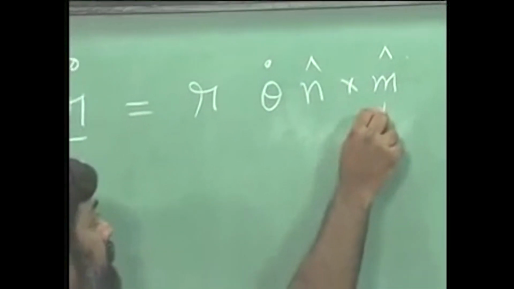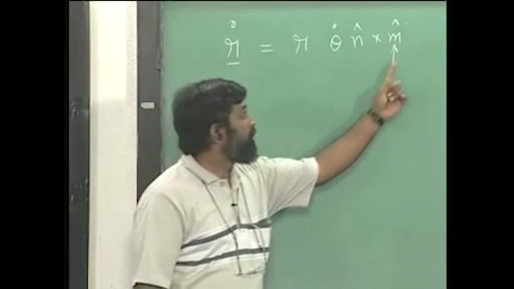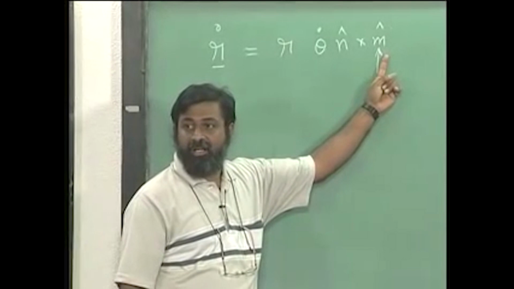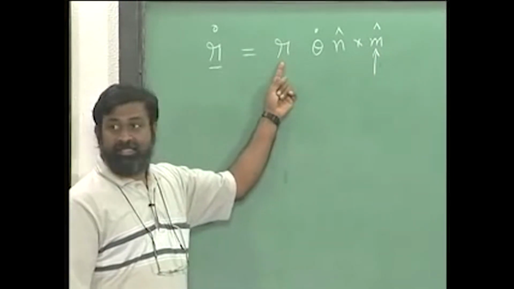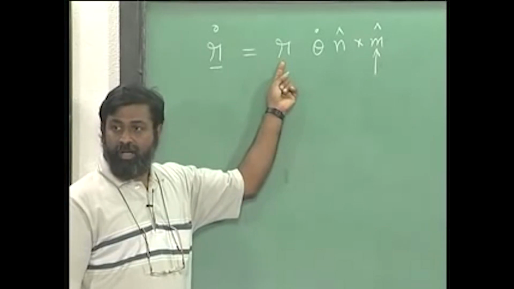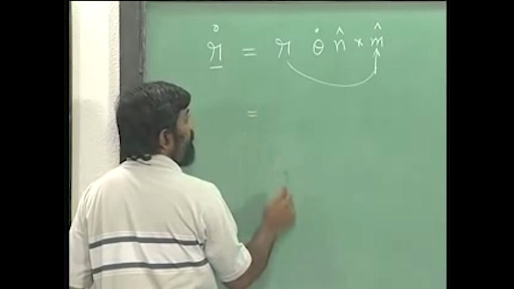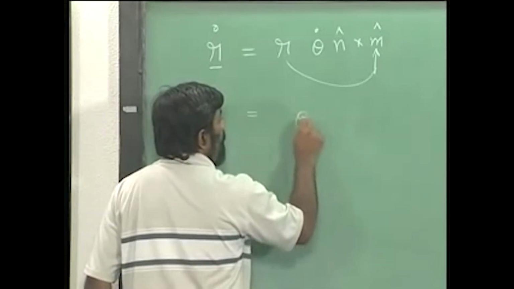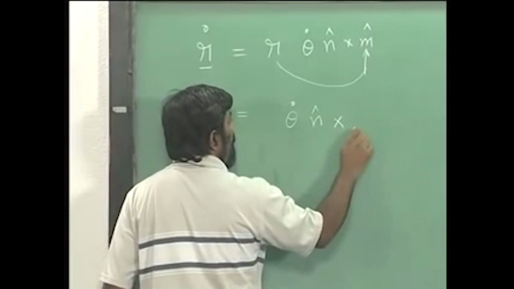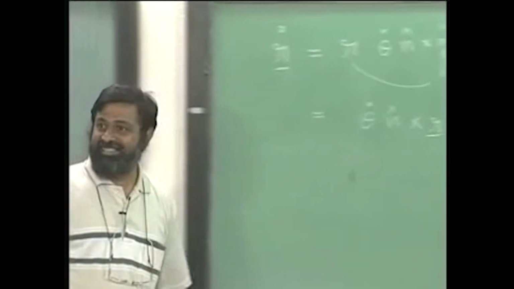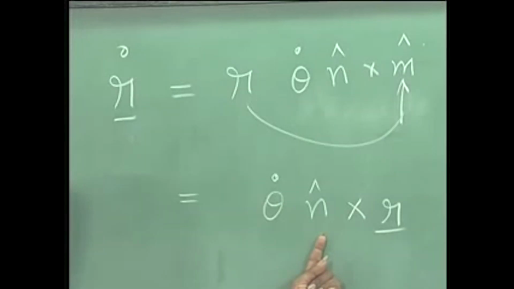What is this m here? This is the direction along r. What is this r? Magnitude of r. If I combine these two, it is nothing but theta dot n cross r. All right. Now, what is theta dot times n?